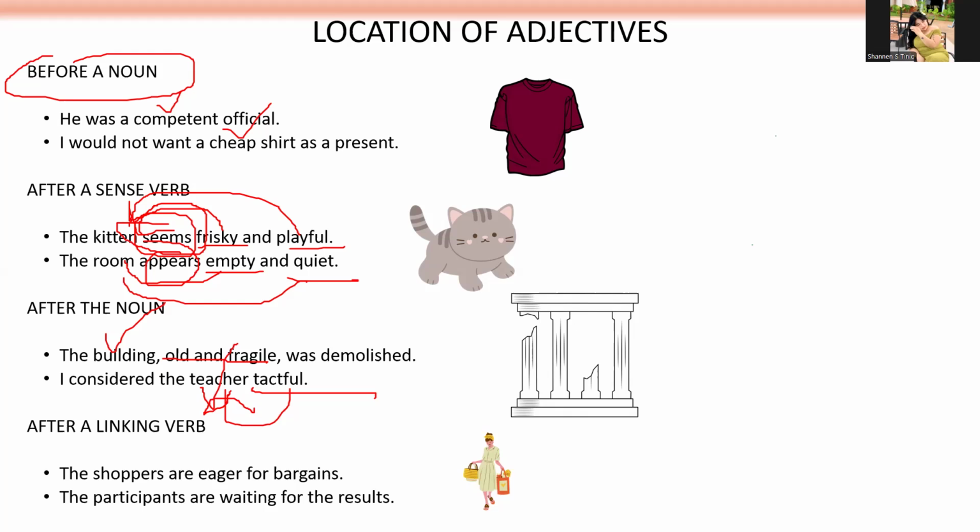Pwede rin naman ganon. Kaya naman hindi natin nire-recommenda yung first structure na to. Kasi nga, kung hindi ka naman advanced level sa English, you can make mistakes. So, kung gusto mo play safe ka na lang, okay? All right. Is it clear how to use adjectives after nouns?